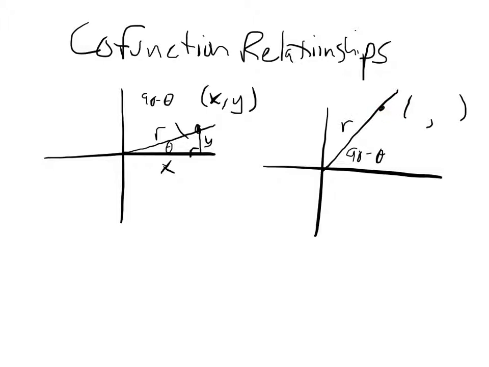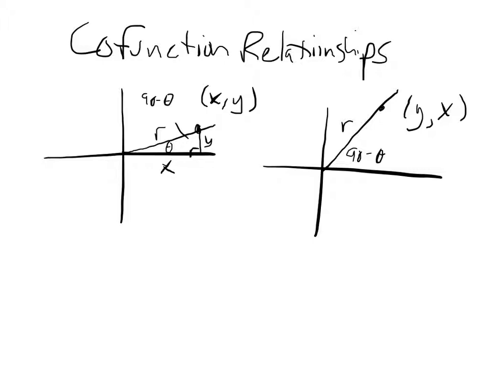What would those coordinates be? Well, this right triangle is simply going to have its sides switched, as we've seen before. So now I'm going to have here a y and an x. If this is theta here, y is opposite theta, and x is opposite the 90 minus theta here.